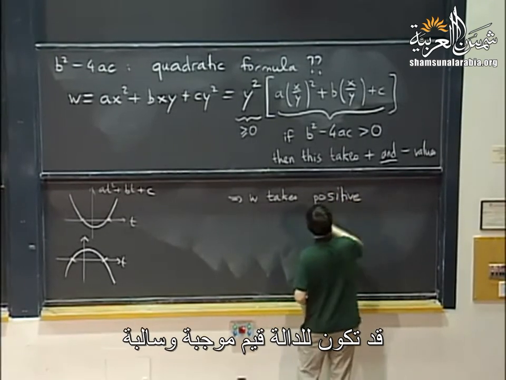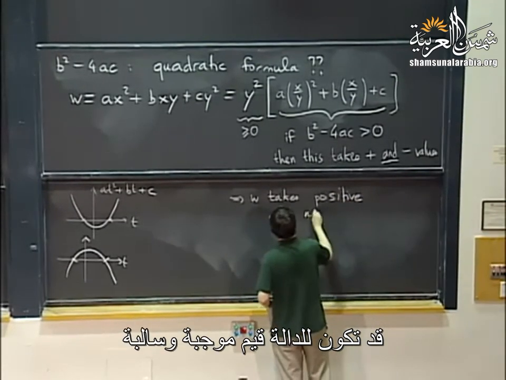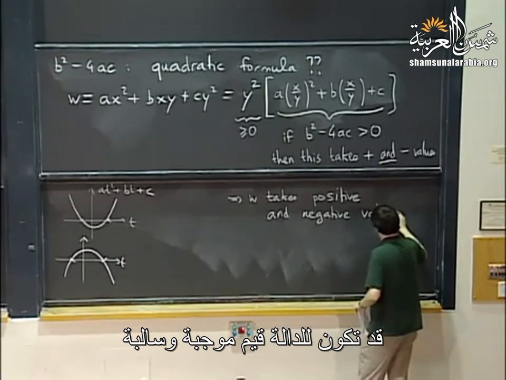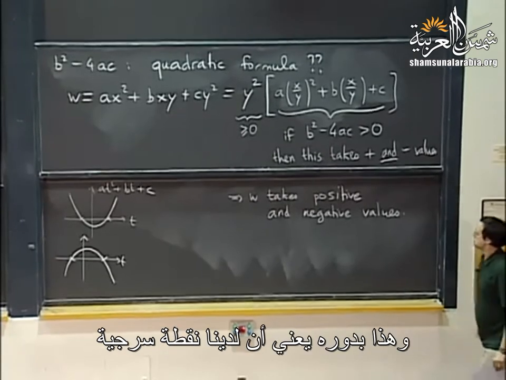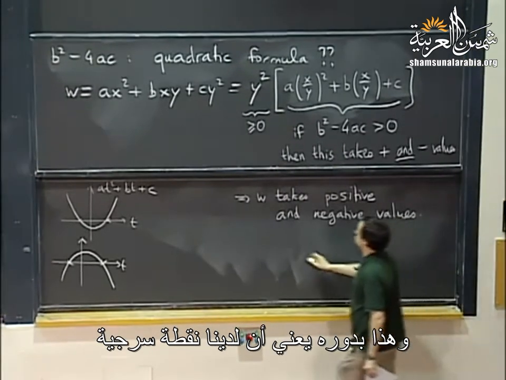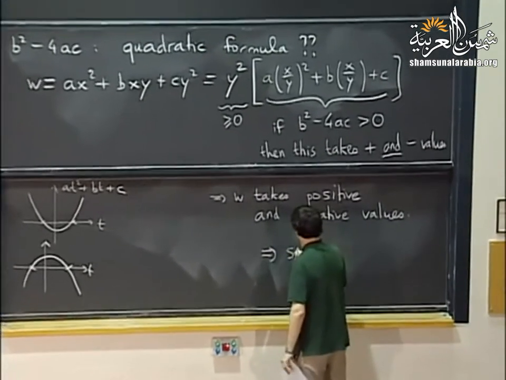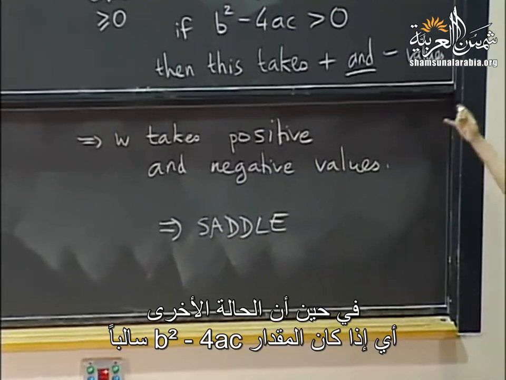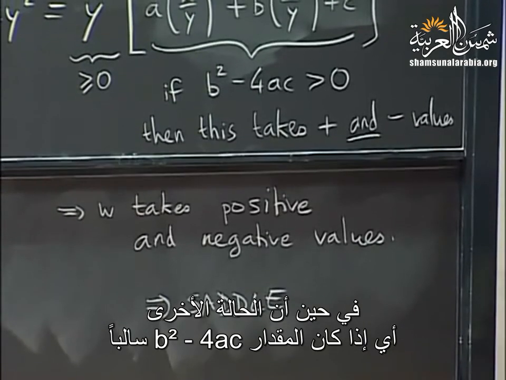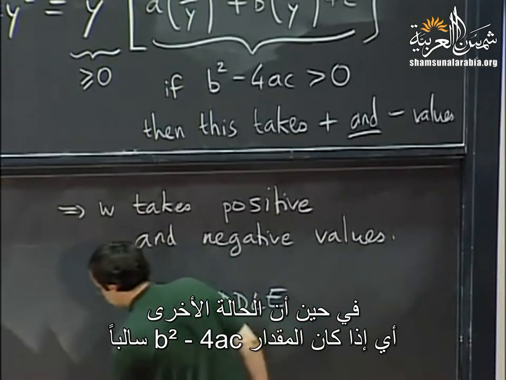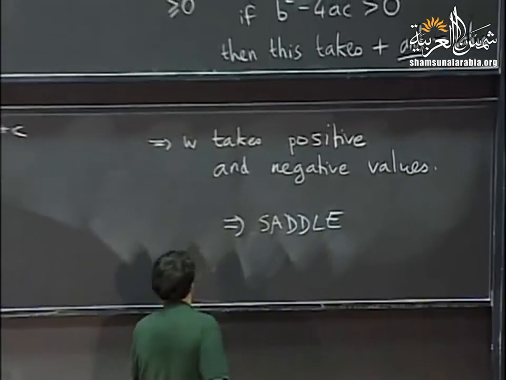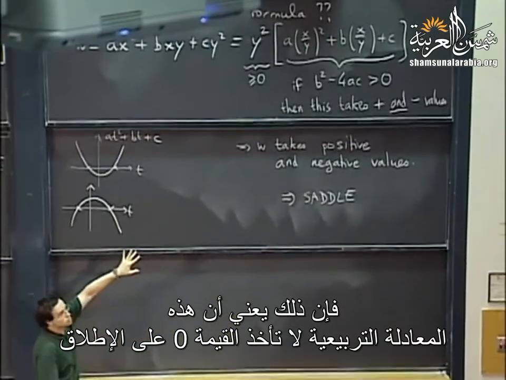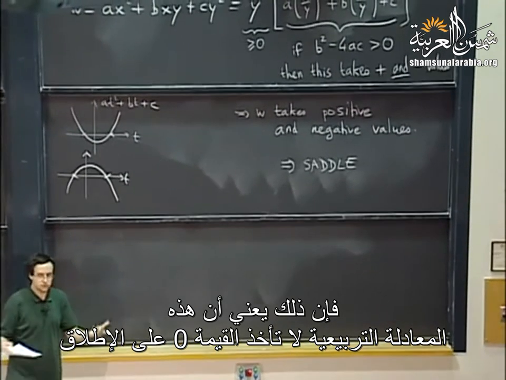W takes both positive and negative values. And so that means we have a saddle point. While the other situation, when b squared minus 4ac is negative, means that this quadratic never takes the value 0.